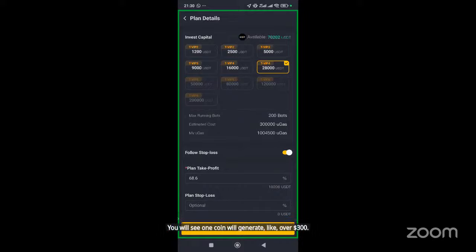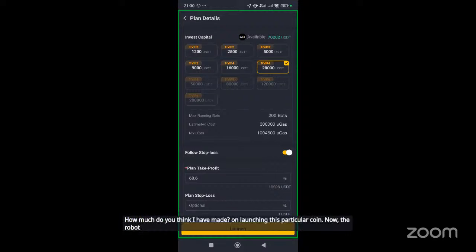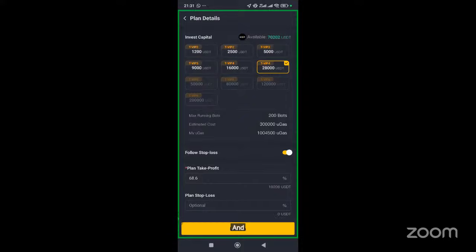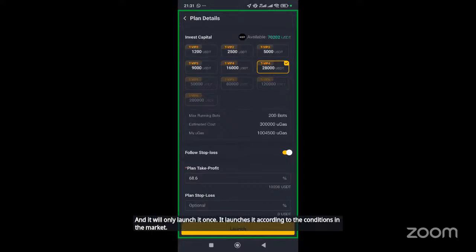Now imagine that 50% of these coins closed on profit, let's say on $100, for example, which many of them will do more than that. How much do you think I have made on launching this particular coin? Now, the robot will launch 200 pieces of these coins, and it will not launch them all at once. It launches them according to the conditions in the market. So you see how powerful it is.